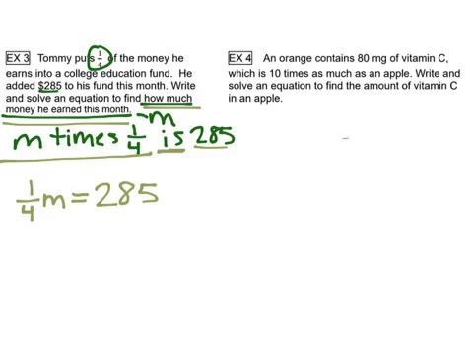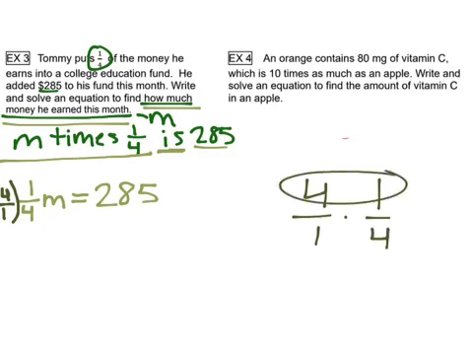So same thing here. Instead of multiplying by 1/4, we're going to multiply by 4/1. And there will be a parenthesis on the left-hand side of that, but I ran out of screen. So we have 4/1 times 1/4. Multiply the tops, 4 times 1 is 4.